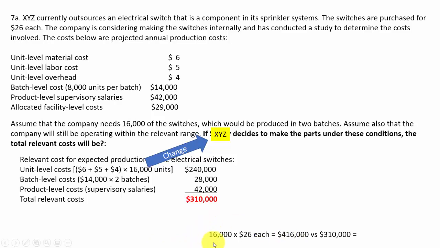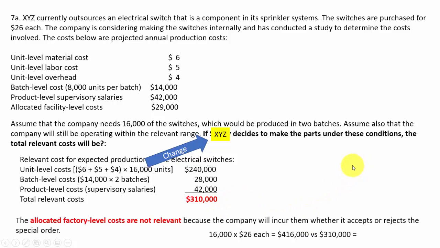So we can buy them for $26 a piece times 16,000 pieces that we need, and that'll be $416,000 versus making them at $310,000. That's over $100,000 savings, or another way to look at that, that's if we make them for $310 or we can buy them for $416, that's going to be like an additional 30-something% higher to buy them. So it looks to me like that we ought to try to make them if we think that that's something that we can do.